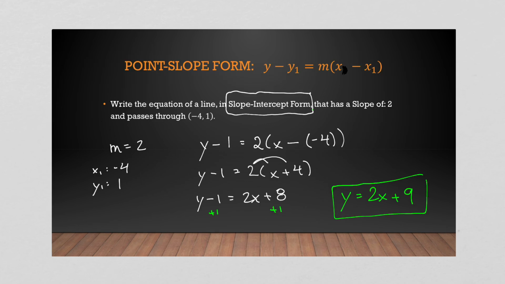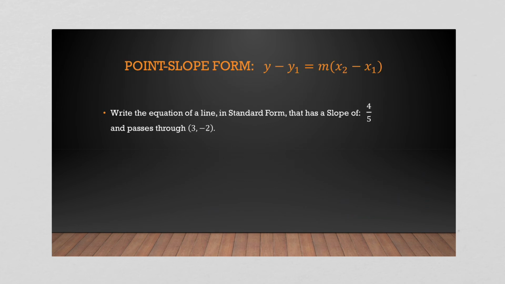So we've got one more here, except this time we're going into standard form. So we've got a little bit more algebra, and again, remember this isn't an x2, it's just x minus x1. So here we go. You can identify my x1 point is 3, my y1 point is -2, and my m in this case is 4/5.